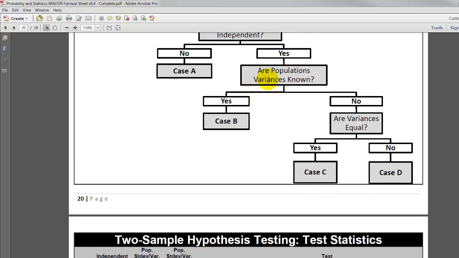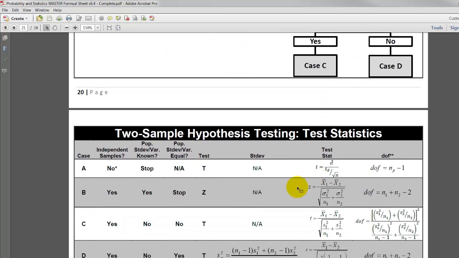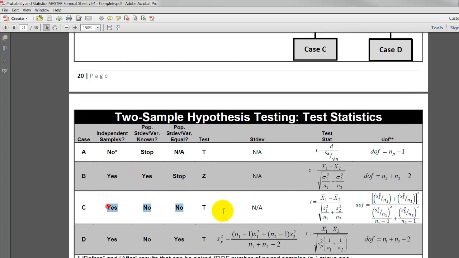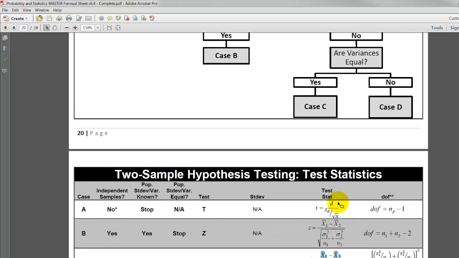Now, let's say the variances are not known. Then we just simply ask, are the variances equal? And if we say that they're equal, we're meaning that they're coming from the same population, and this is C. And if they're coming from the same population, we do this fancy calculation to pool the variance together to get a better idea of what the test statistic should be.